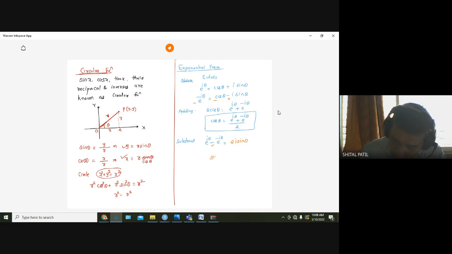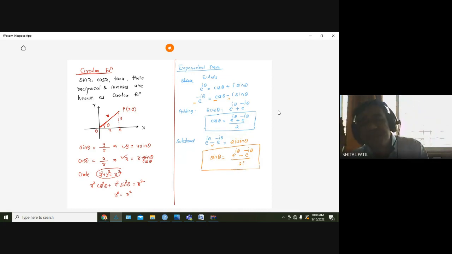So sin theta equals e raised to i theta minus e raised to minus i theta divided by 2i. Now once sin theta and cos theta are known, we can write tan theta and the remaining functions.